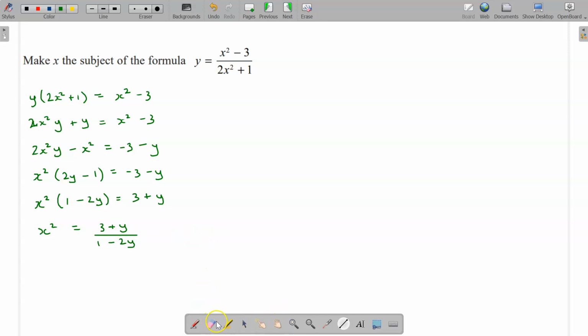So the last step is to say that therefore x equals, okay, now because we're square rooting it, we have plus or minus the square root of this, so I'll just take a copy of that and put that there, and around it we're having a square root sign.